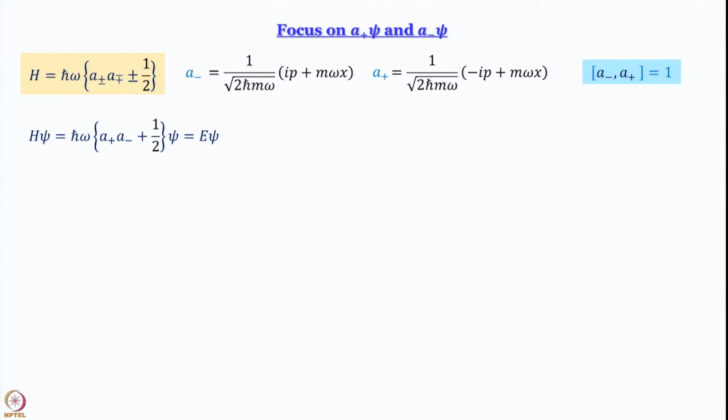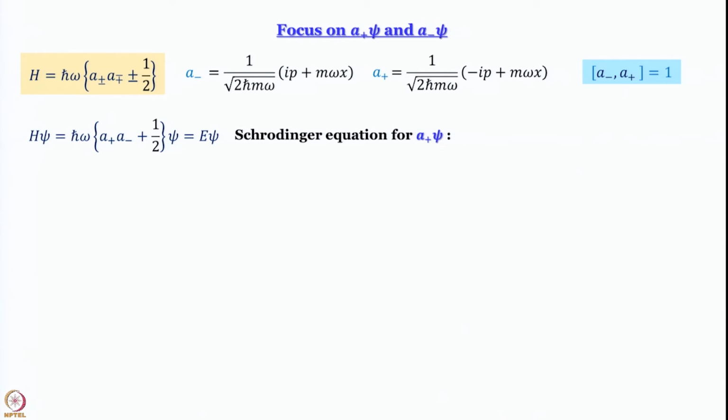We know Hψ, let us take one. I mean we can take either of the two. I will just take this: Hψ equal to ħω multiplied by (a₊a₋ plus half) operating on psi, that will give us Eψ. What is E? E is the energy corresponding to the wave function psi, right.